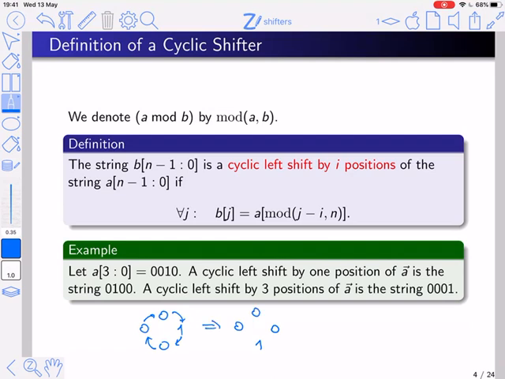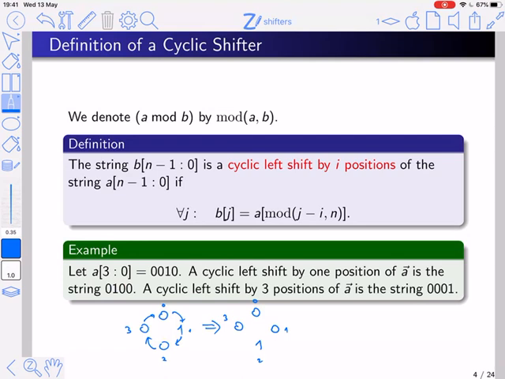That's the outcome. This is position 0, this is position 1, this is position 2, and this is position 3. So the outcome of rotating the string 0, 1, 0, 0 by one position to the left is the string 0, 0, 1, 0. And this is what you see over here.